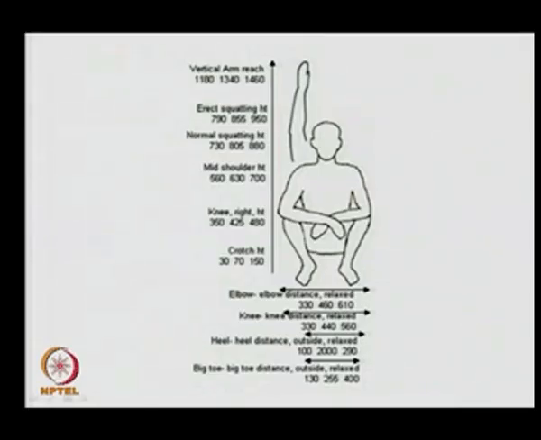All these dimensions are in millimeter, like vertical arm reach, erect squatting height, normal squatting height, mid shoulder height, knee height, crotch height, which means this one, and elbow to elbow distance normal, knee to knee distance relaxed, heel to heel distance relaxed, and big toe to big toe relaxed, these dimensions.